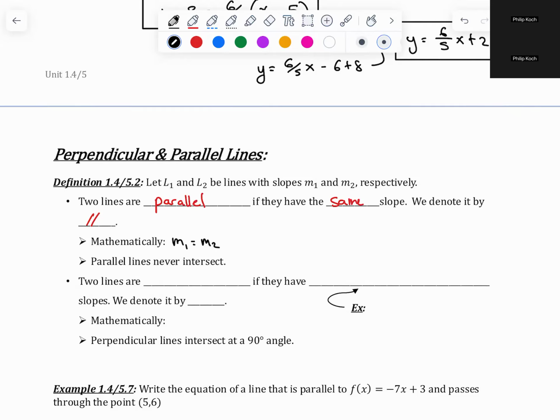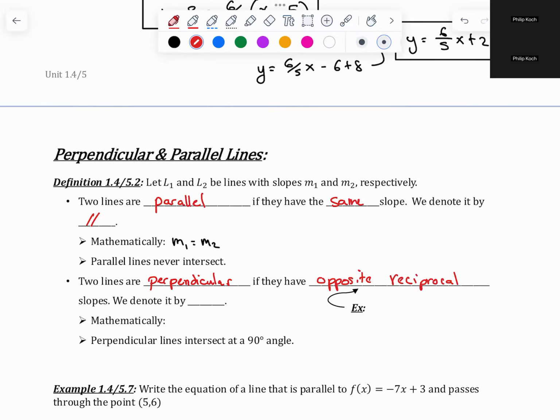The other option is perpendicular lines. So two lines are perpendicular if they have opposite reciprocal slopes. Opposite reciprocal slopes.